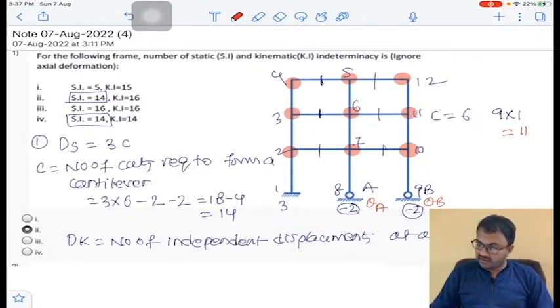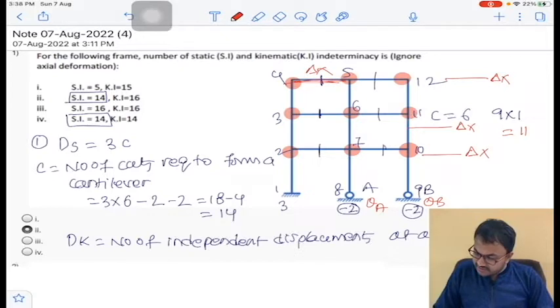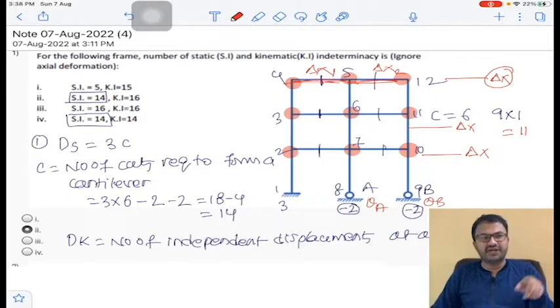And at this level delta x, at this level delta x, at this level delta x. 3 deformations. This portion has one delta x, this portion another delta x, but these delta x1 and delta x2 are both equal, equal to delta x at the top level, because when axial deformations are neglected, we need to consider only one horizontal deflection at top, at middle, at bottom.